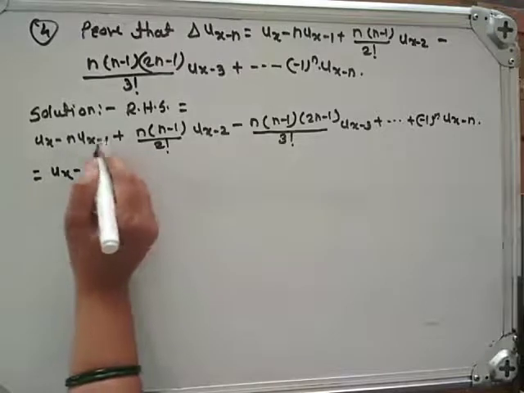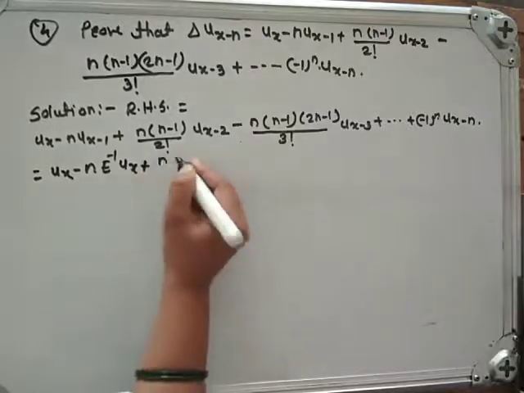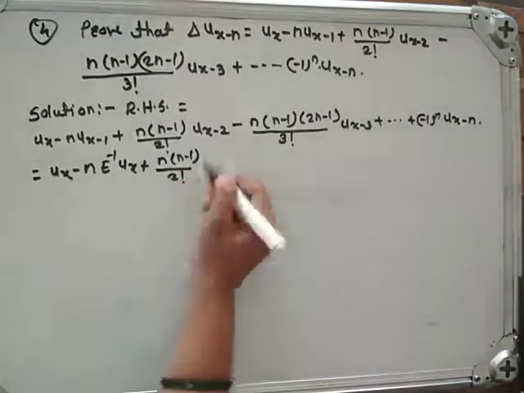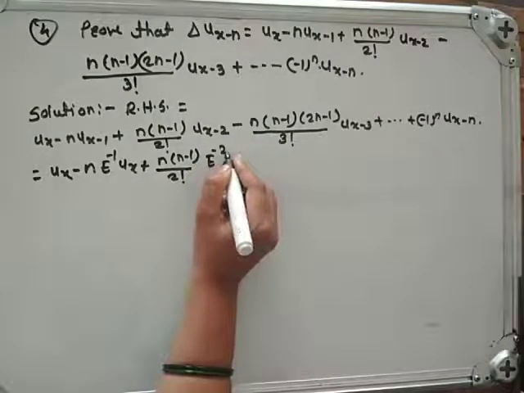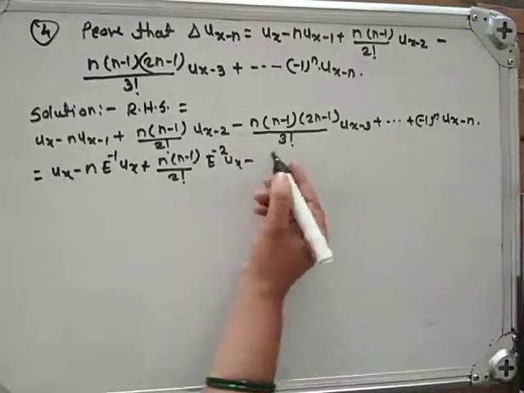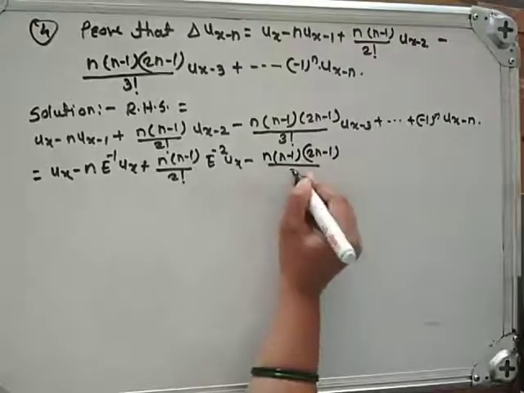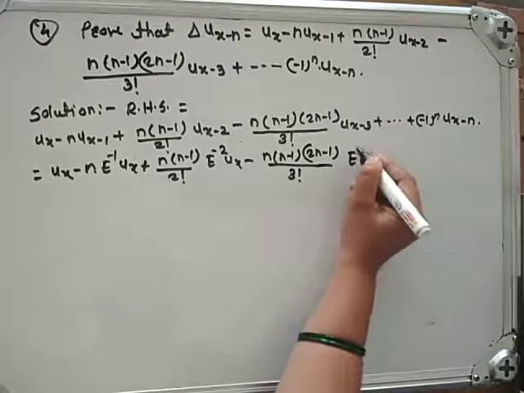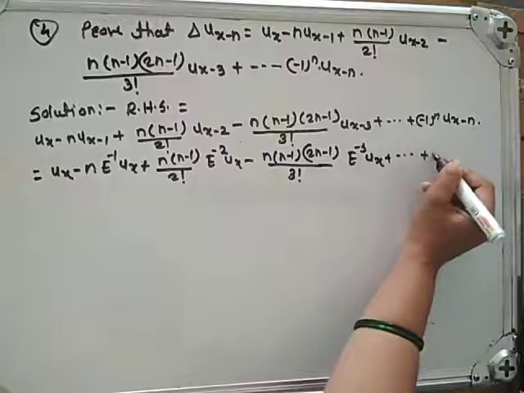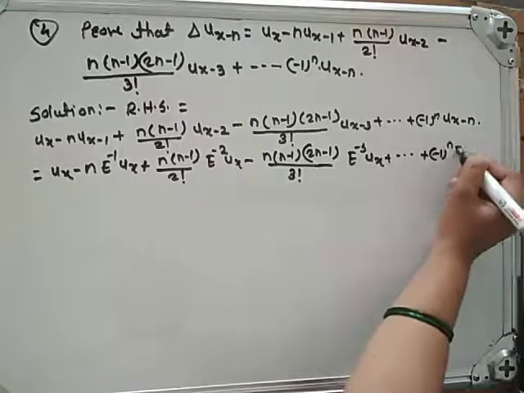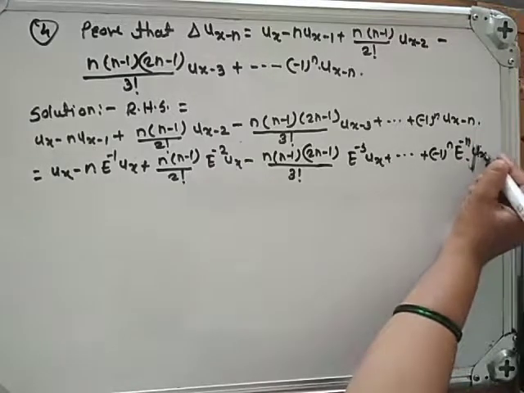This u x minus 1 is nothing but E inverse of u x, plus n into n minus 1 upon 2 factorial, u x minus 2 is E raised to minus 2, minus n into n minus 1 into n minus 2 upon 3 factorial E raised to minus 3, plus and so on up to plus minus 1 raised to n E raised to minus n into u x.